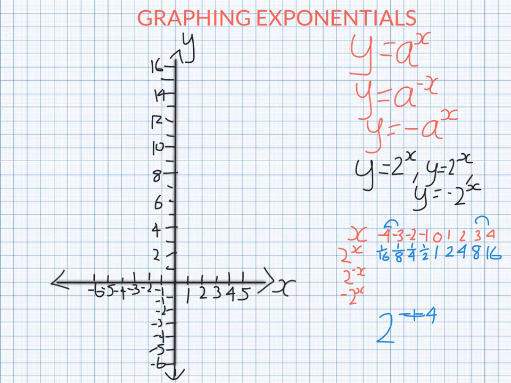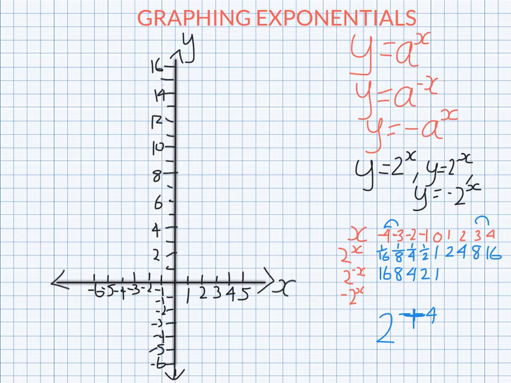So when x is minus 4, 2 to the power of negative x is the same as 2 to the power of positive 4, which is 16. Similarly, when x is minus 3, 2 to the minus x is 2 to the power of positive 3, which is 8. Again, you can put these in your calculator.